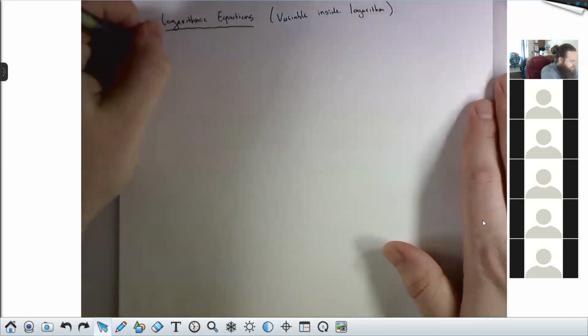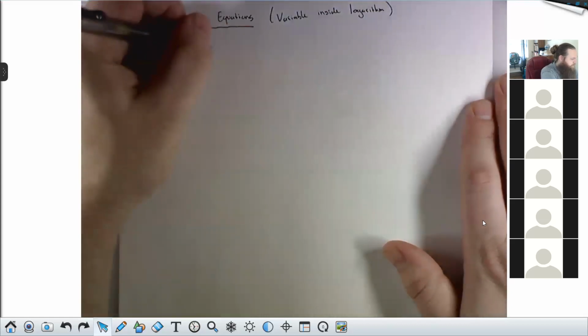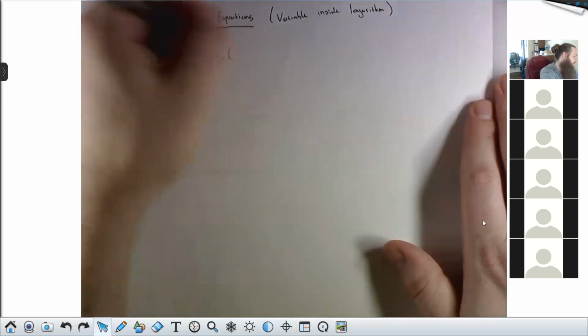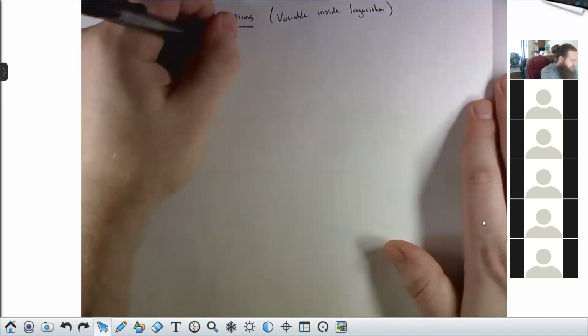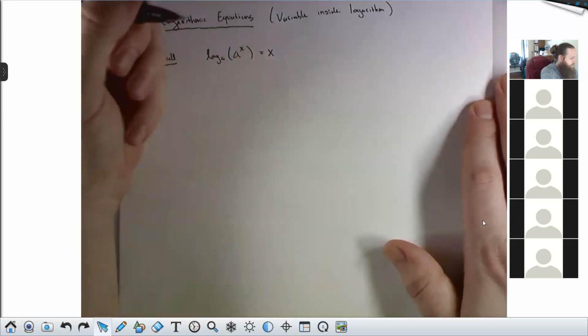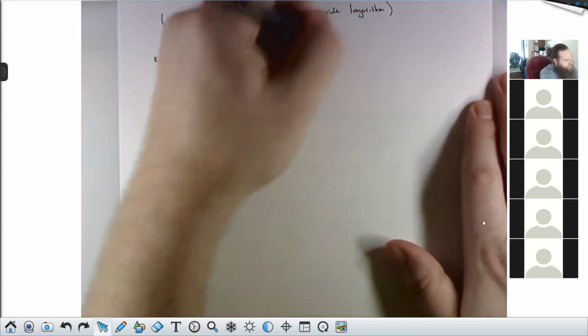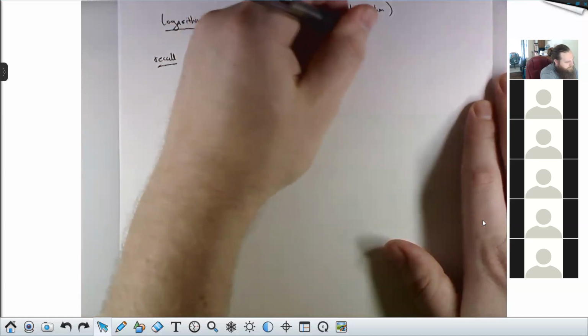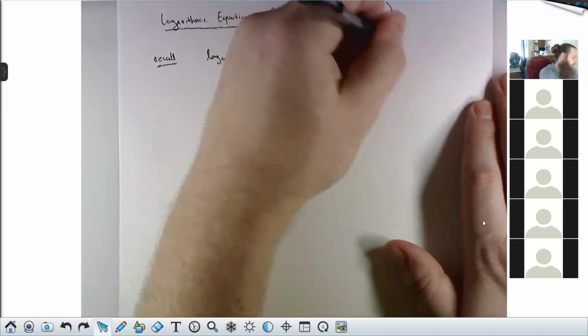I'll say, just recall that these two crucial defining properties of logs and exponentials: the base a log of a to the x is just x, and a raised to the base a log of x is also just x.